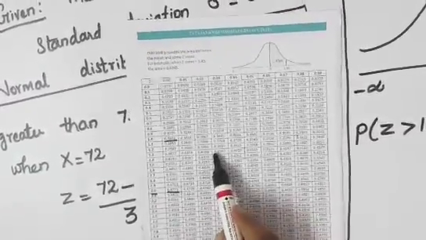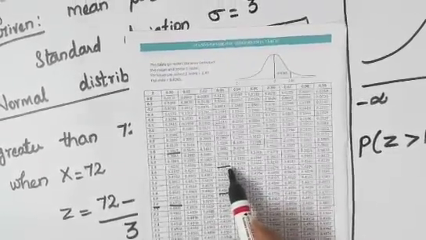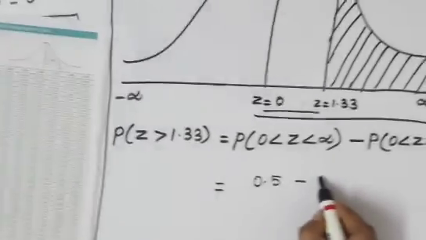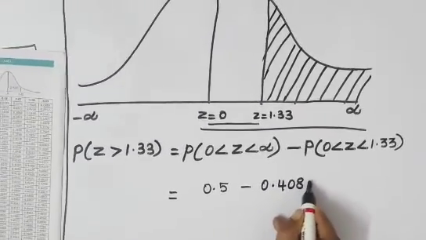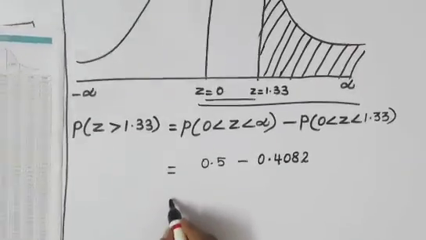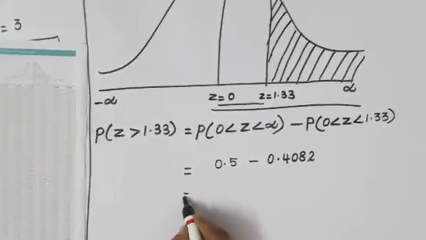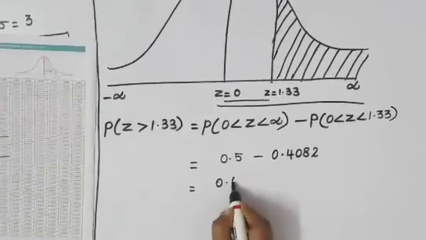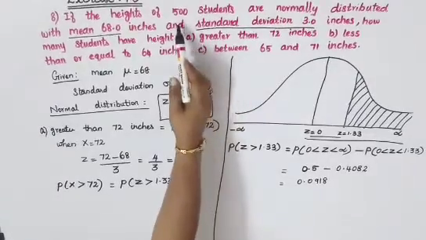So the value will be this value, that is 0.4082. Now subtracting, 0.5 minus 0.4082, you will get your answer as 0.0918.